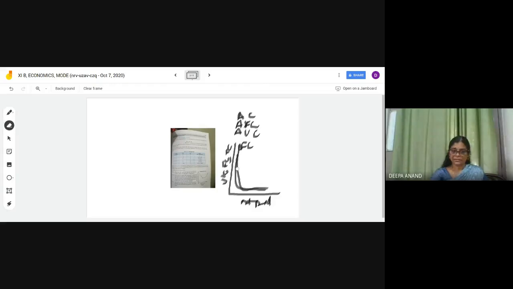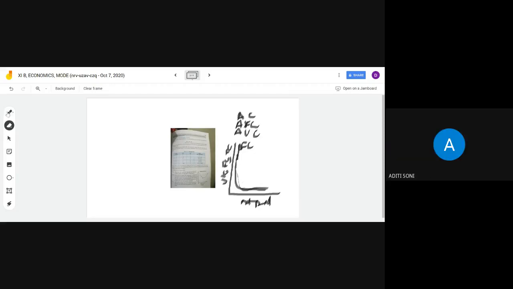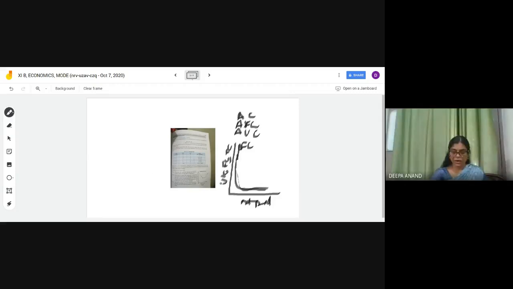Was this the shape of the average fixed cost curve? Okay. Now remember the shape of the average variable cost curve. It was like this, the AVC curve. And afterwards we studied the average cost, that is the average total cost curve.